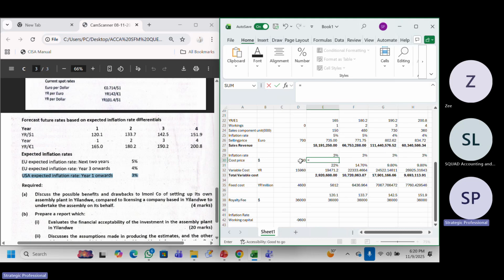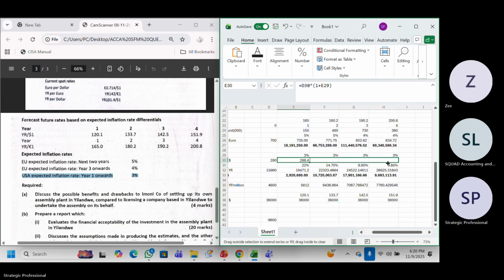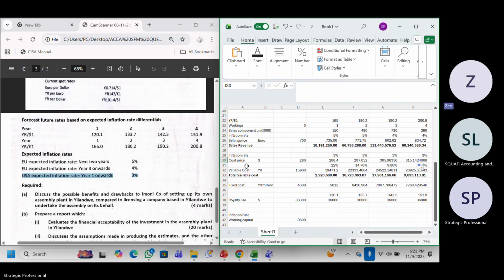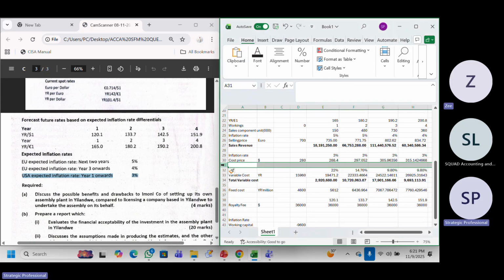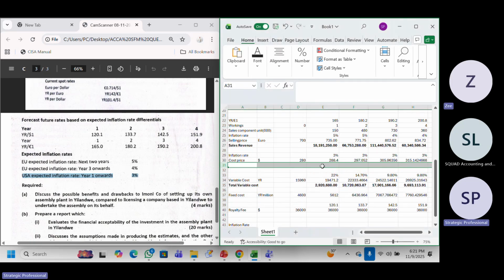But let's move on. We thank God for life. So 1 plus this inflation rate, this one will be 288. Don't forget that this is in dollars. So we're converting it to yen.